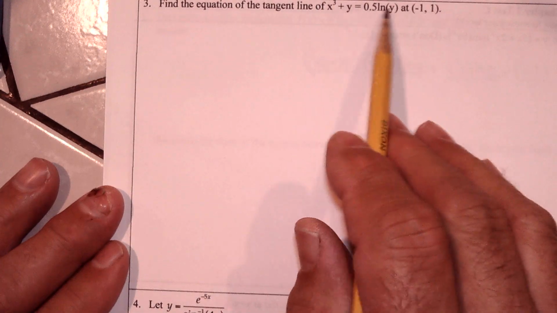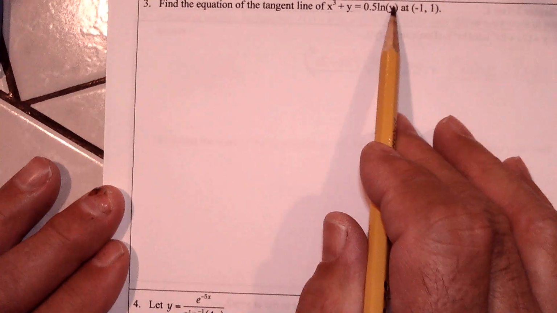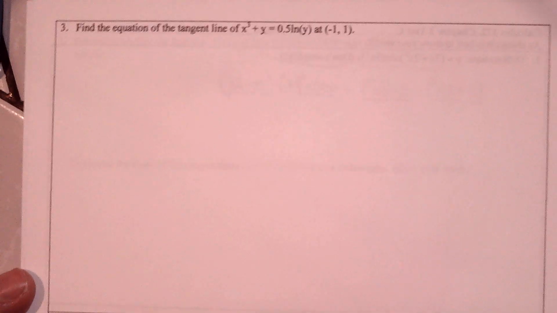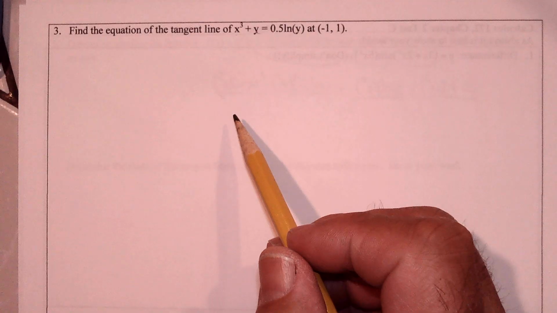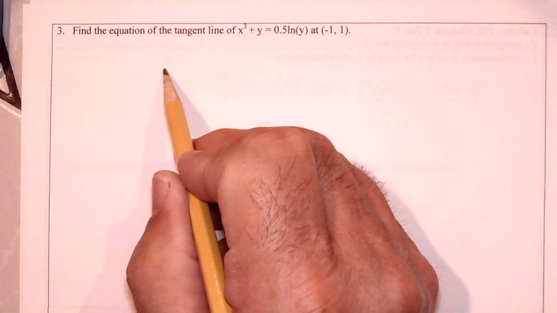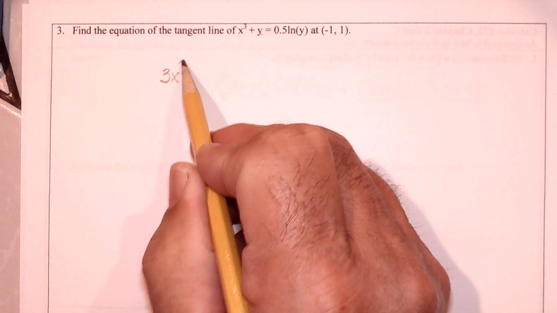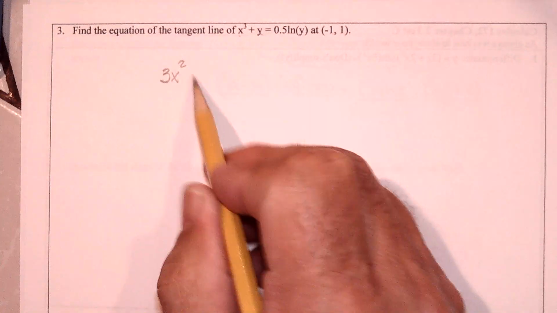Now we've got a derivative of this y in 2 different places. Can't solve for y so easily. So we're going to do implicit differentiation. The derivative of x to the third is 3x squared times the derivative of the inside, which is dx/dx, or 1.